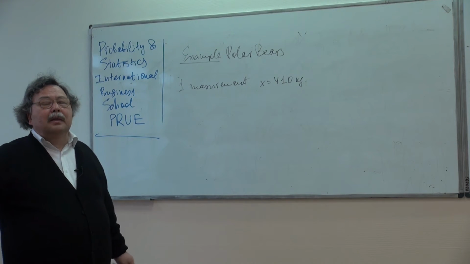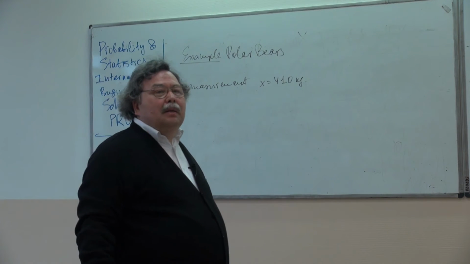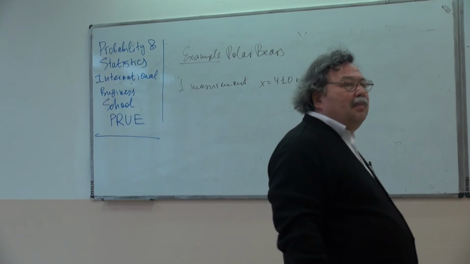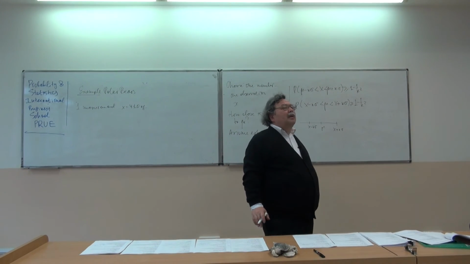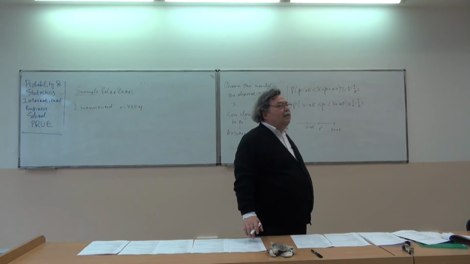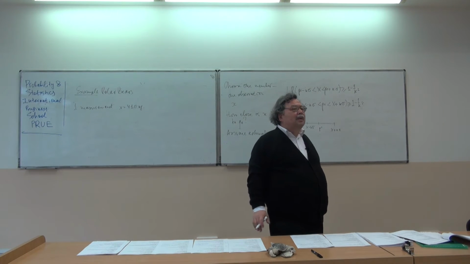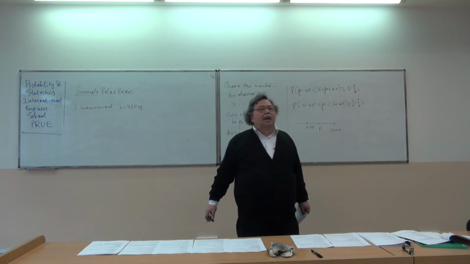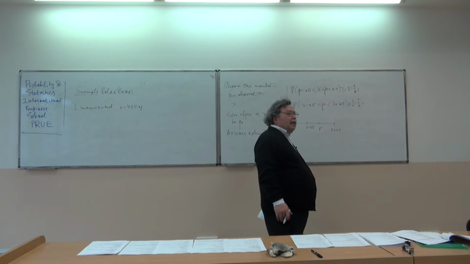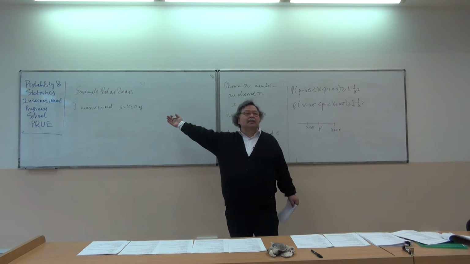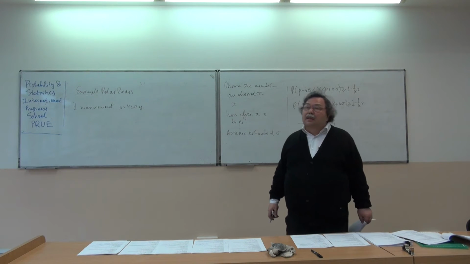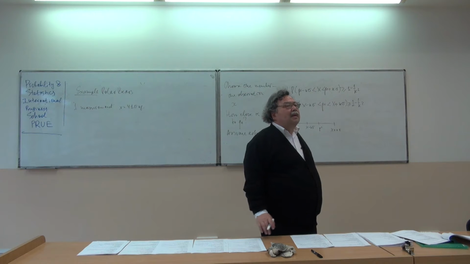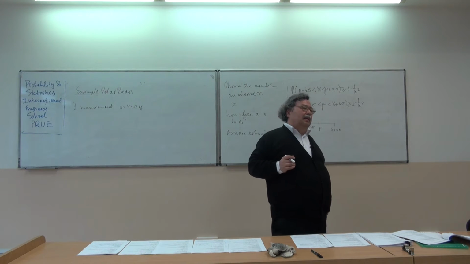Now, again, can we make any conclusions from this about the mean weight of the population of the polar bears? Well, no conclusions whatever are possible if we don't have any information on sigma. And sigma can't be estimated on just one measurement. But maybe sigma is a more or less stable parameter.